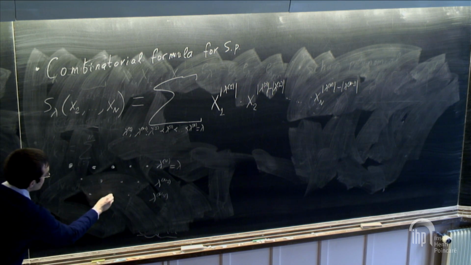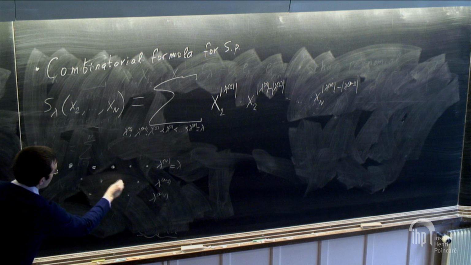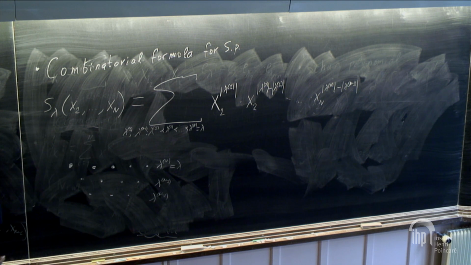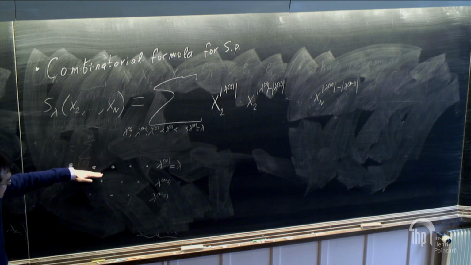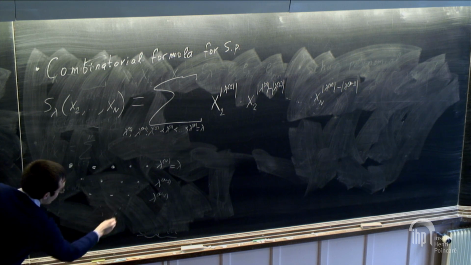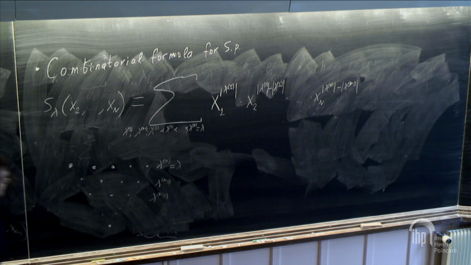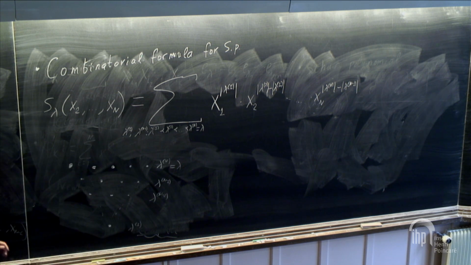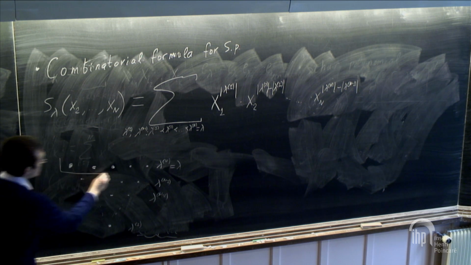And I have interlacing between these two levels. I do not have any trivial condition between this level and this level, but I do have interlacing here and here. And so on. In the end, I will end up with one signature of length 1, which will be lambda 1. So this is a combinatorial formula for Schur functions with a sum over all interlacing arrays with fixed top row.